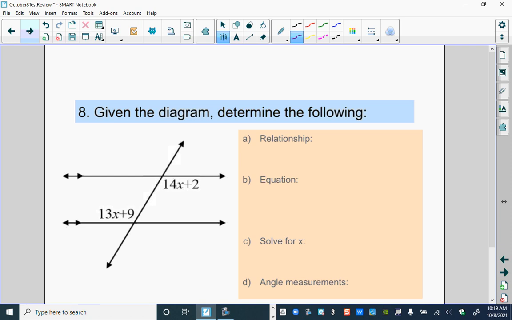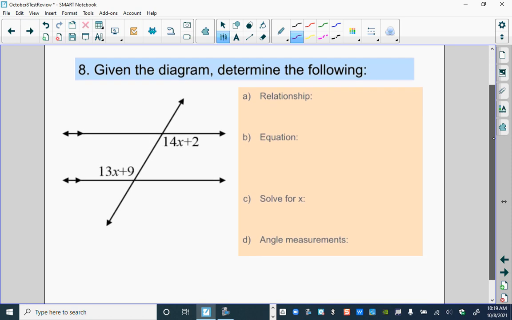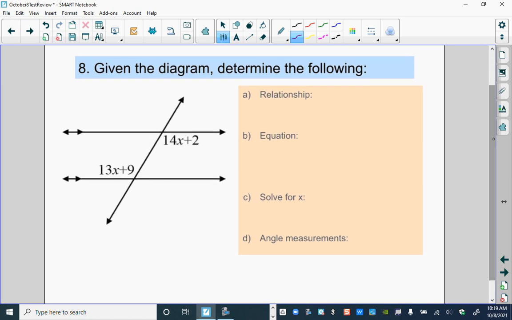All right, number 8. These are the ones we're going to talk about a little bit. We're not going to do all of them for now. We're probably going to skip and return. Now for number 8, what is our angle relationship between the two angles? You can tell us.